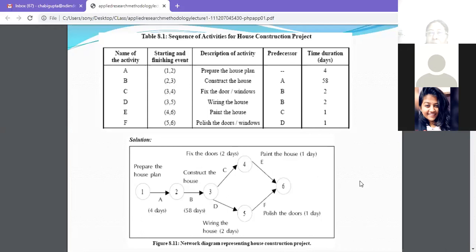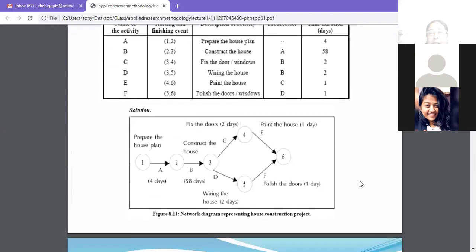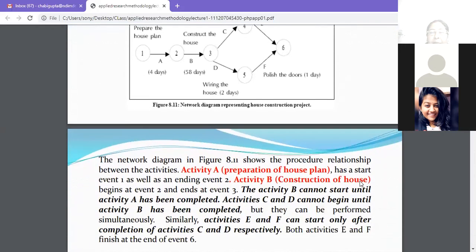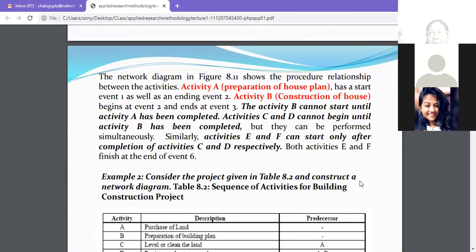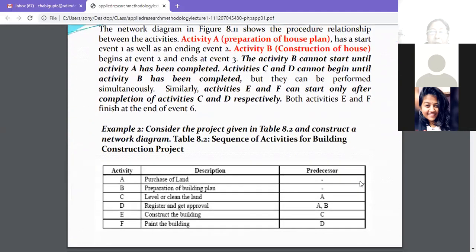Shall I move on? Shane? Ma'am, move on. We've drawn it. Okay, fine. One of you keep your video on, don't mute yourself, then we can move on faster.